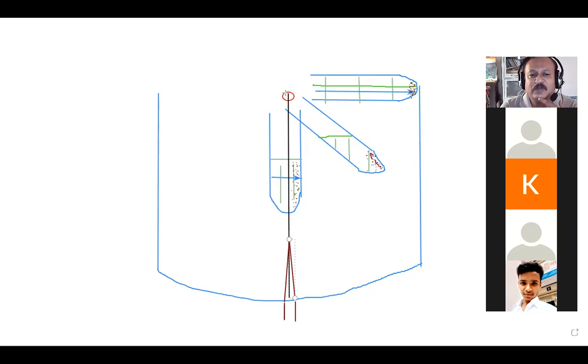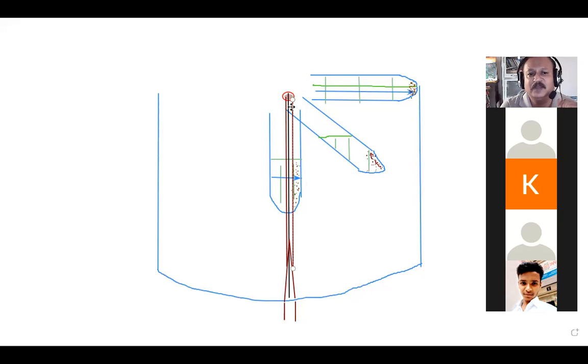There is a screw here. There is a screwing mechanism, and we can screw the rotor in place.